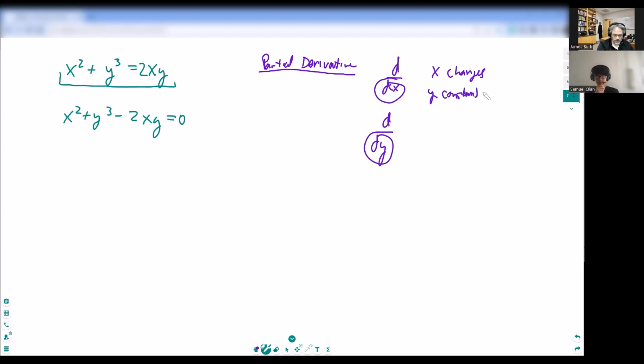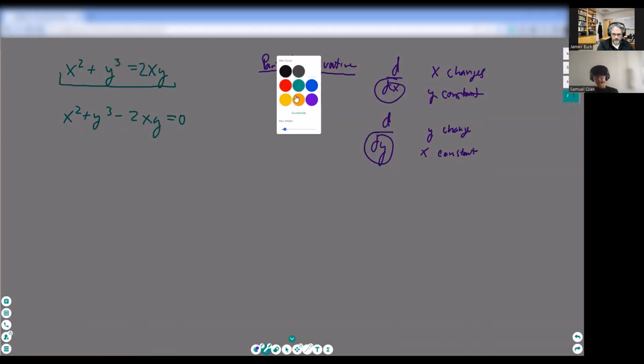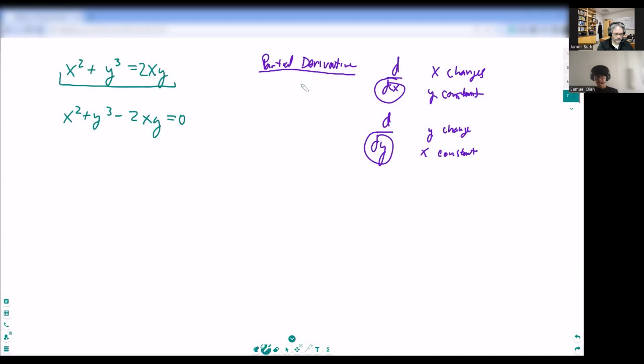So you treat it like a constant. And down here, we see that y is changing. So if y is changing, what's that say about x? It isn't. So you treat it as a constant. So d/dx and d/dy would be different things. Exactly. One you're doing in terms of x, the other one you're doing in terms of y.